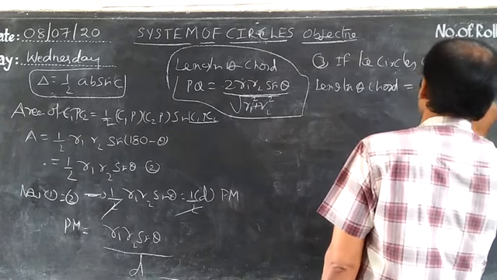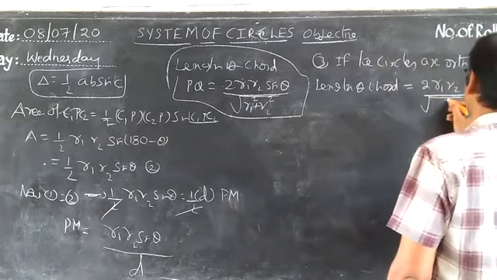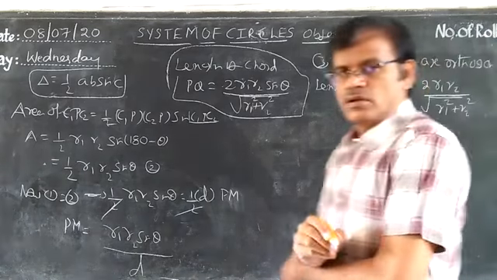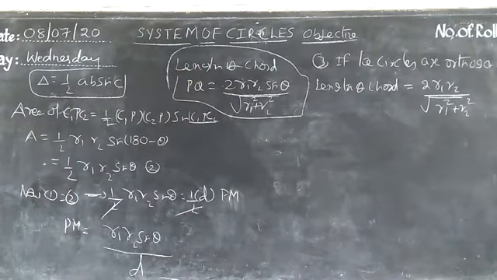Put theta is equal to 90, and it becomes 2 R1 R2 by root of R1 square plus R2 square.